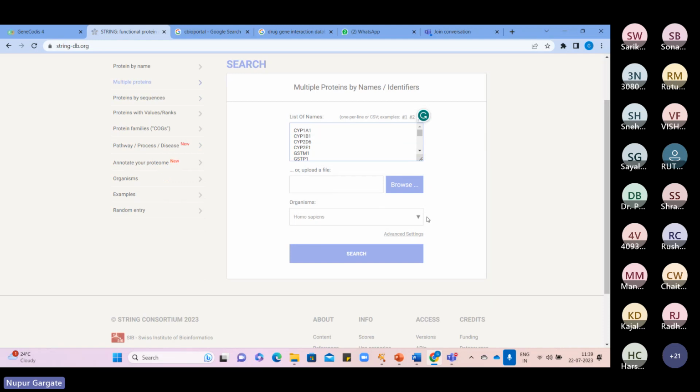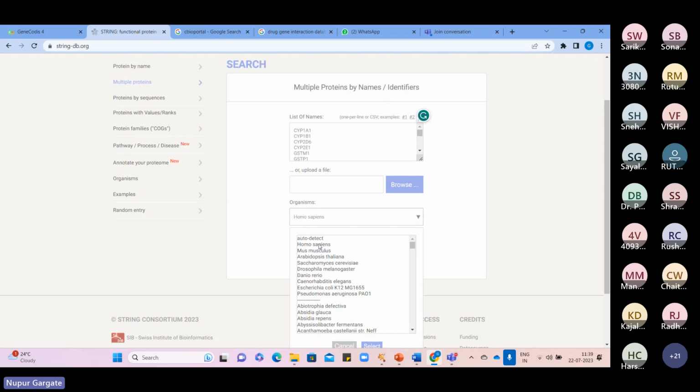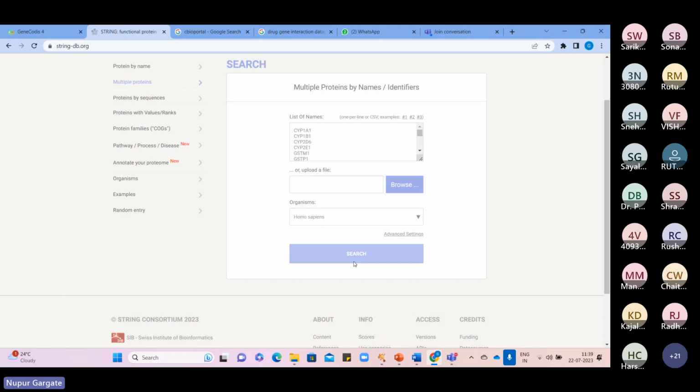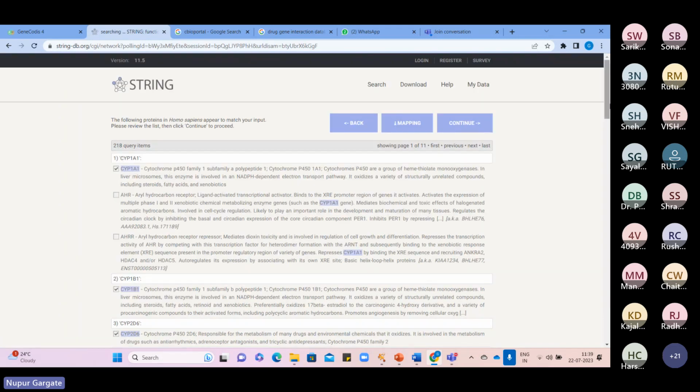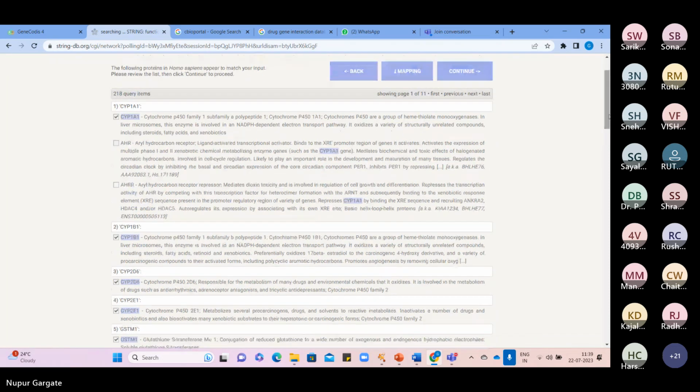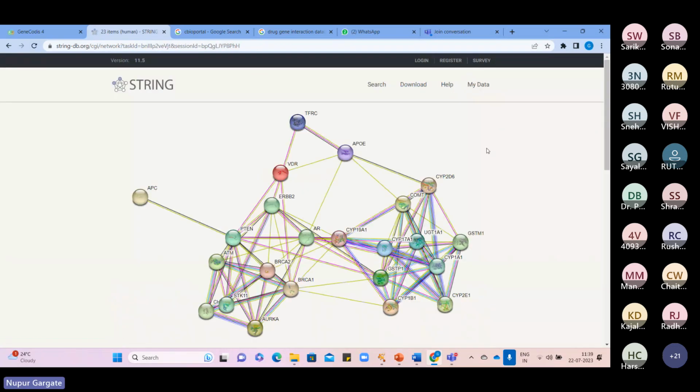We will select organism. It is already selected here, Homo sapiens. And we will click on search. Now it gives information about all the genes which we have entered. We will click on continue, and we will obtain the network.